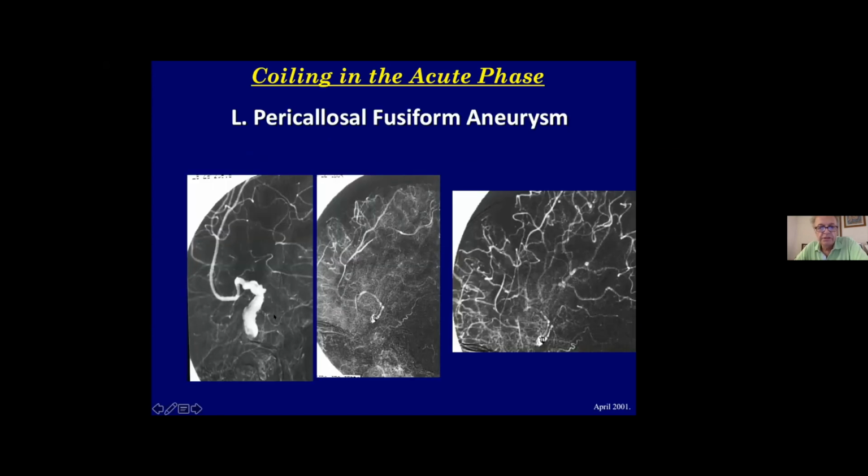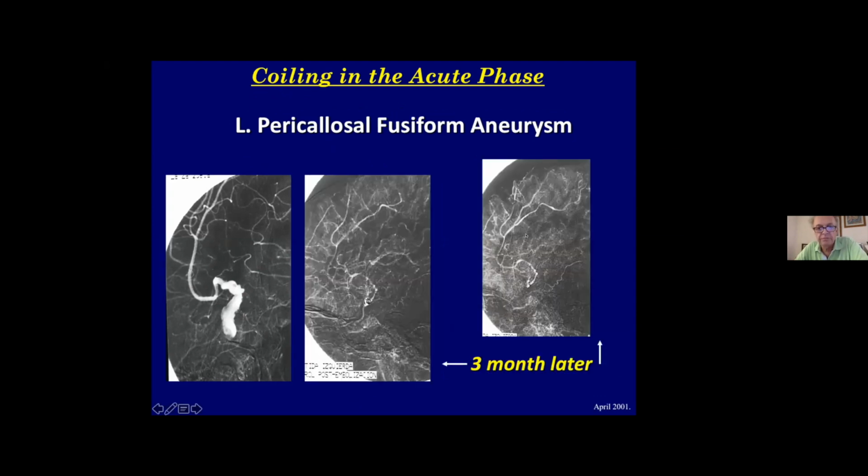A few months later, you have the total collateral anastomosis and reconstruction of the vessel, totally occluded without symptom. This is 3 months later, angio, stabilization. The patient at the moment is very fantastic. There's no deficit, very good, very good.